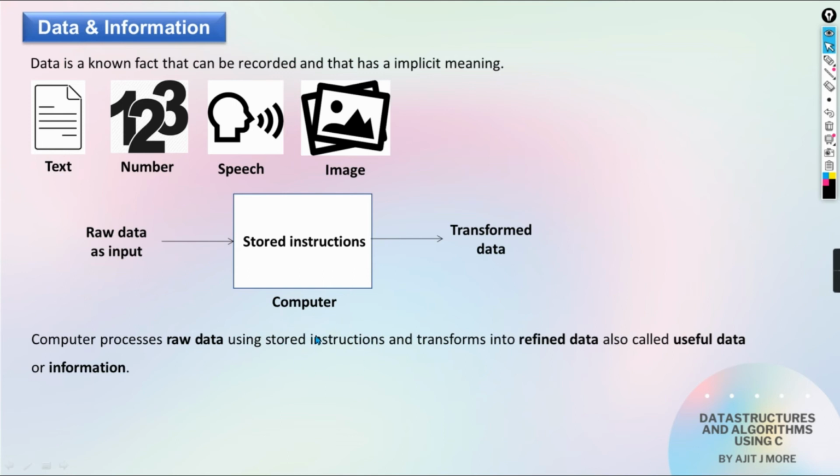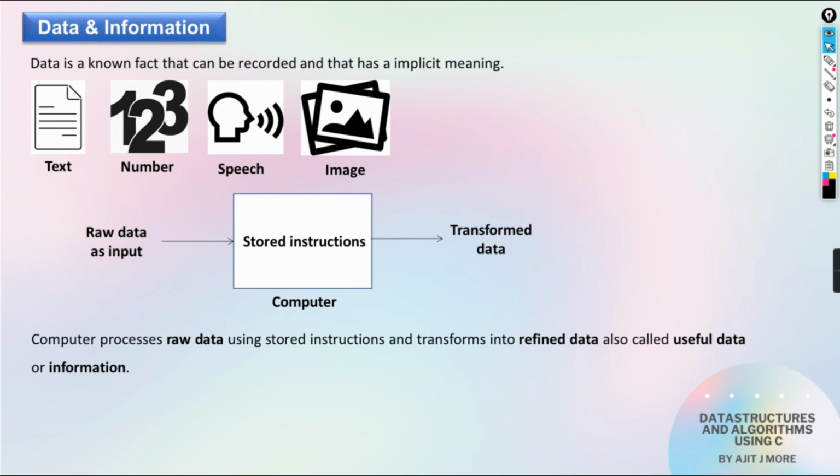In this program, you have implemented your algorithms, your logic. These stored instructions are executed, and while executing, they take the raw data and give you some refined data, which is called useful data, or information. Agreed, guys? Now, what factors are to be considered while studying this data?